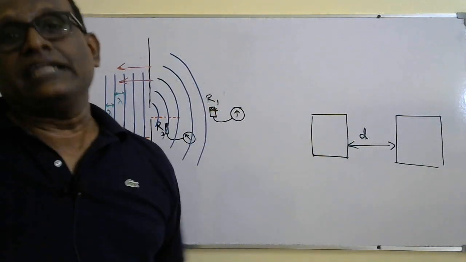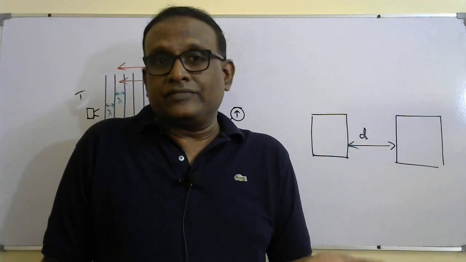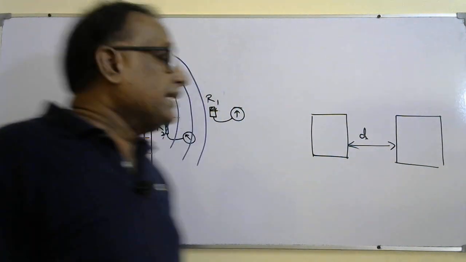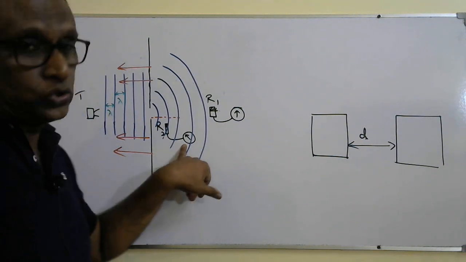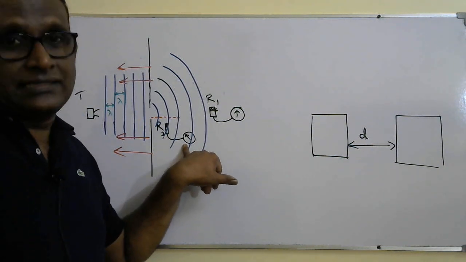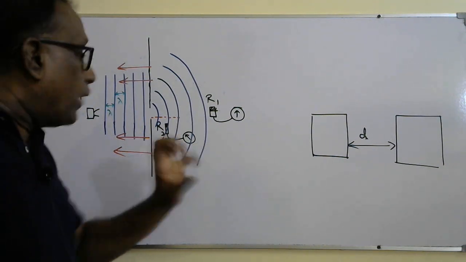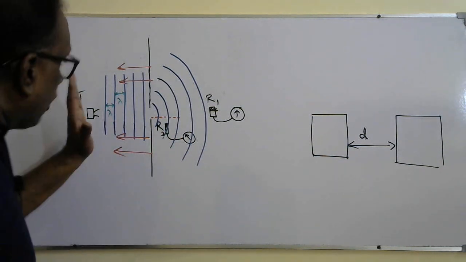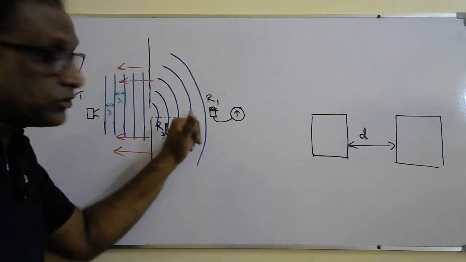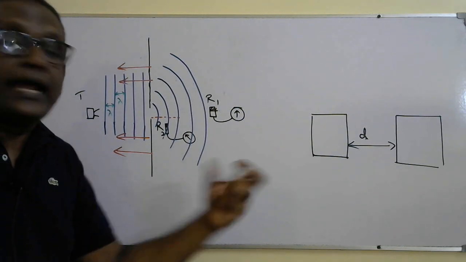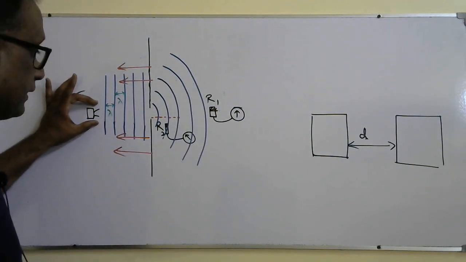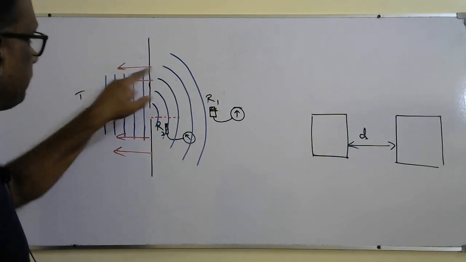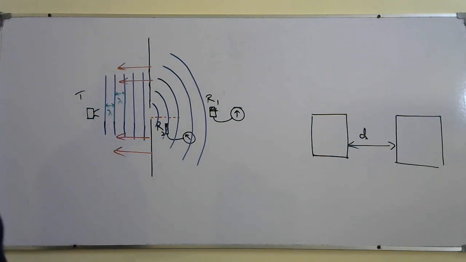There is significant diffraction, so R2 is receiving the diffracted wave. That's the reason the reading of the R2 meter is increasing. So what will happen to the energy? Only a certain amount of energy is passing through the slit, I said. So what will happen to the balance energy emitted by the transmitter? That will be reflected back by the metal plates.